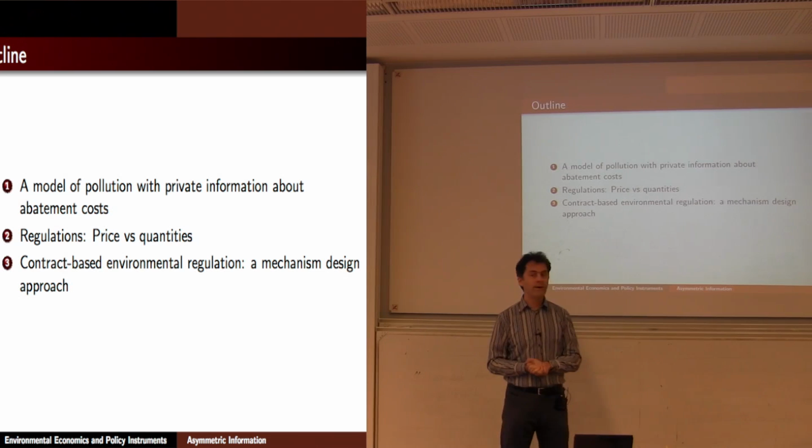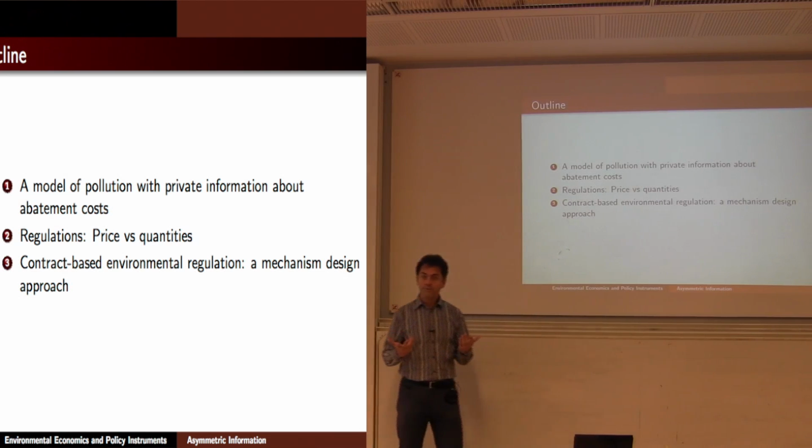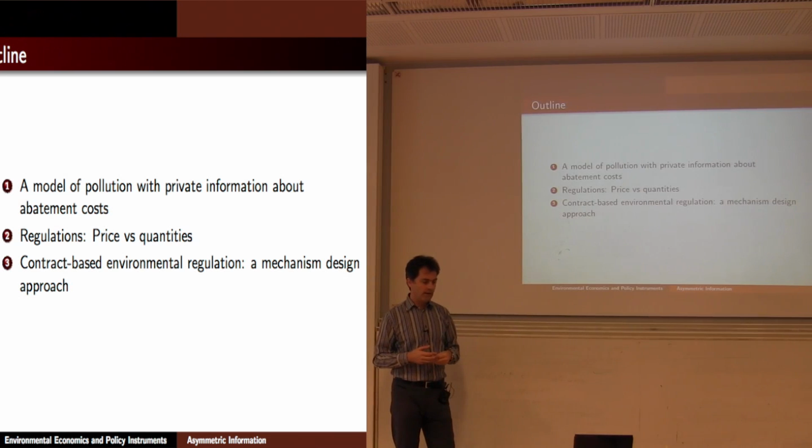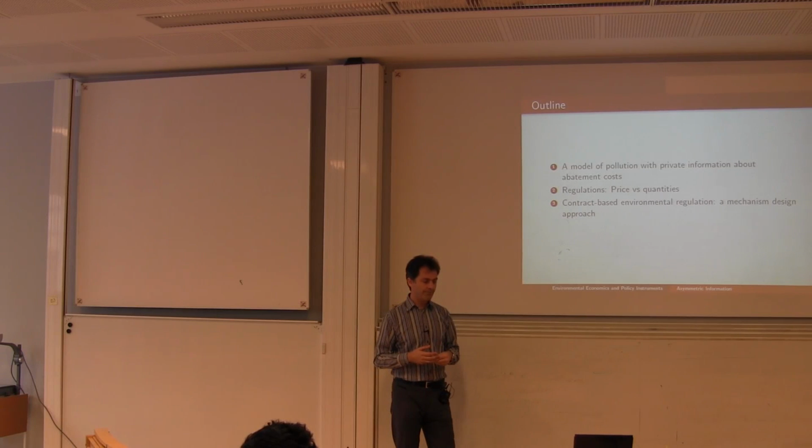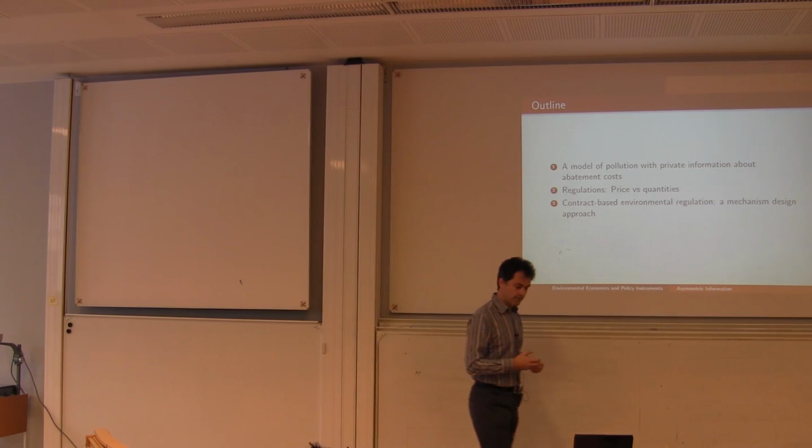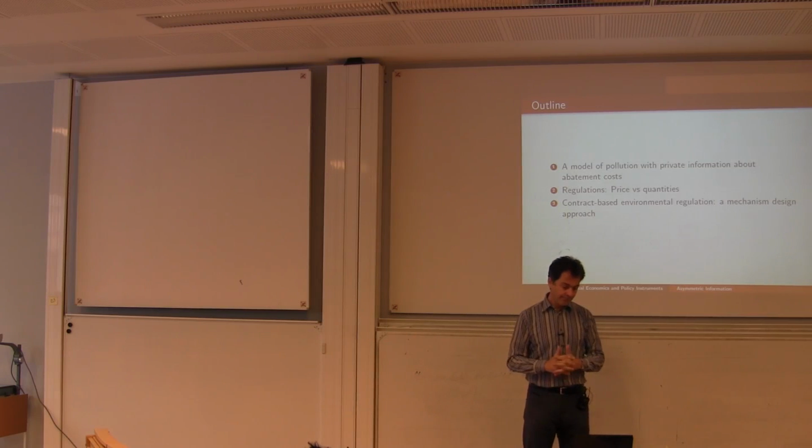So we will provide some solution here, and I will also talk about one illustration, which is how to design policies to protect biodiversity or to buy forest to store carbon, for instance. Okay, so it's again a regulation which is not imposed.